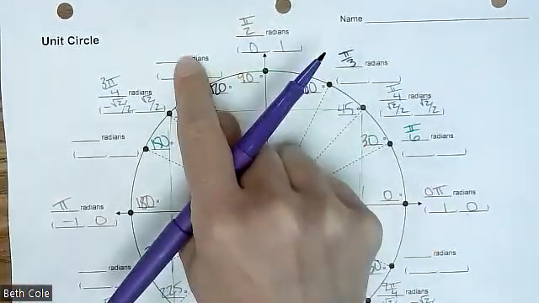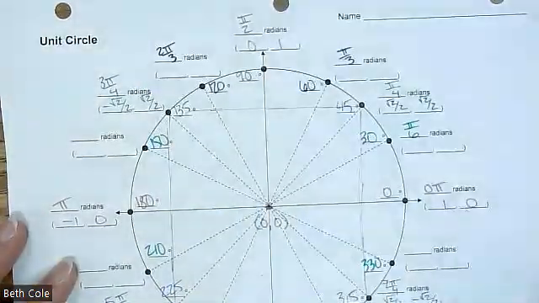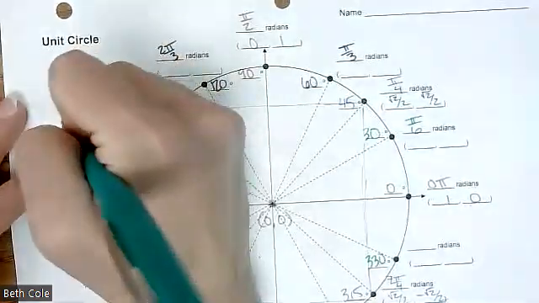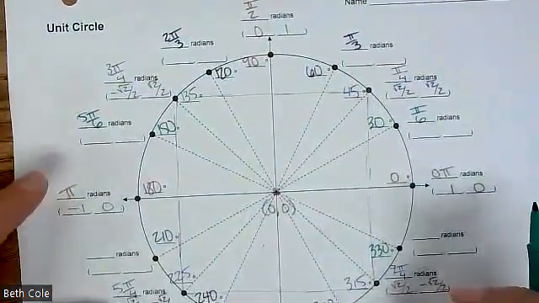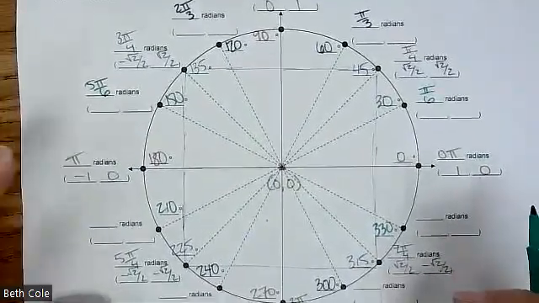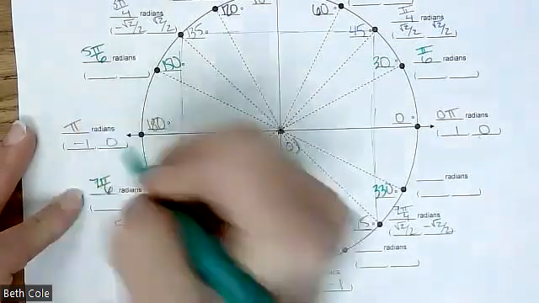3/6. The next one would be 4/6, which is 2/3. Good. 2 pi over 3. 4/6. The next one would be 5/6. And then 6/6 is pi. So this would be 7/6.